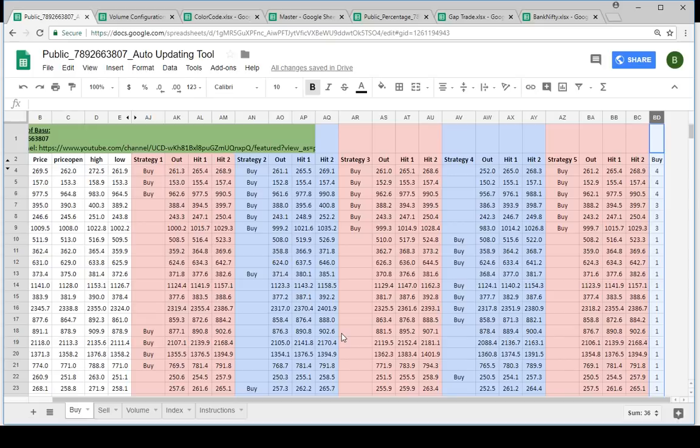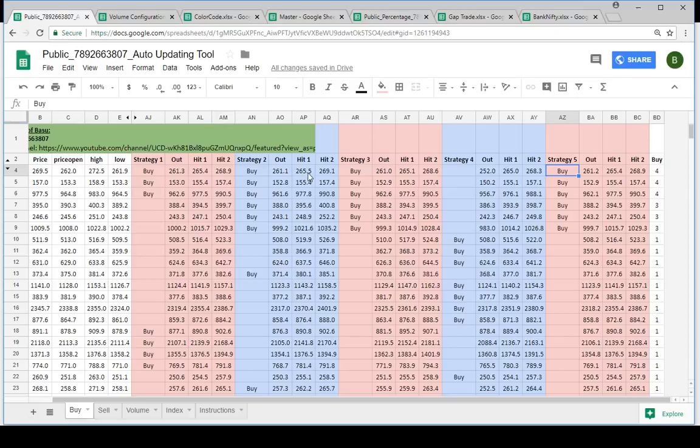One more thing here, I just want to make sure that you understand. If a stock is following multiple buys, then which one should you go with? Meaning which target or which stop loss should you go with? You always should go with the minimum stop loss and minimum target.